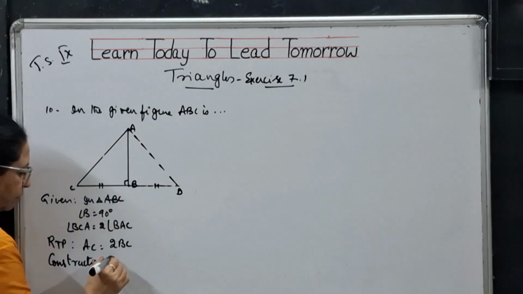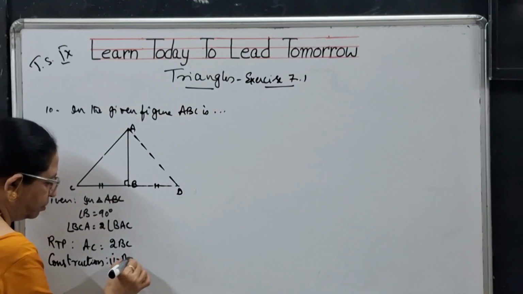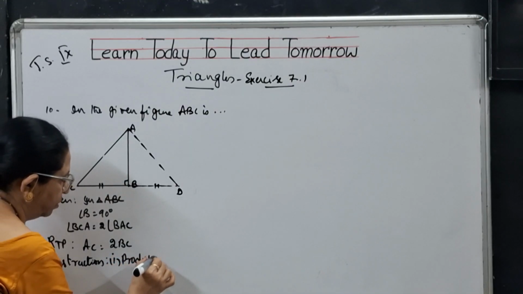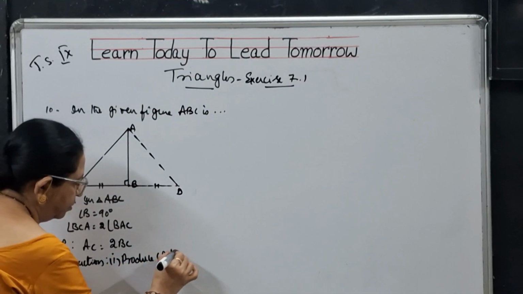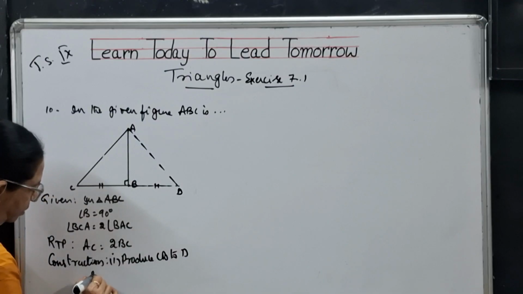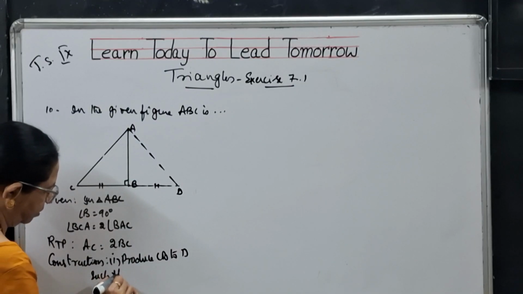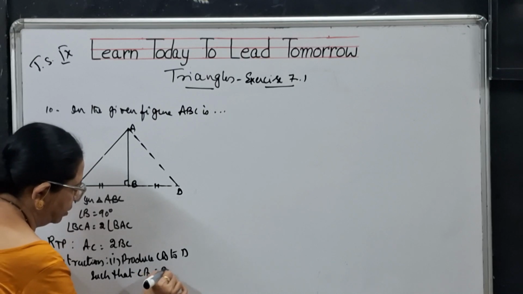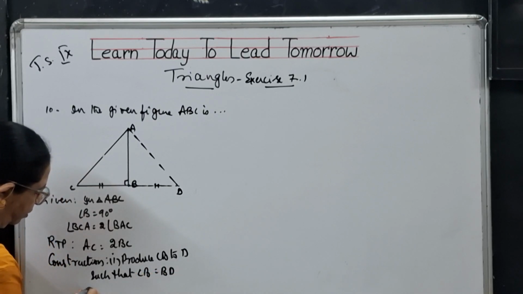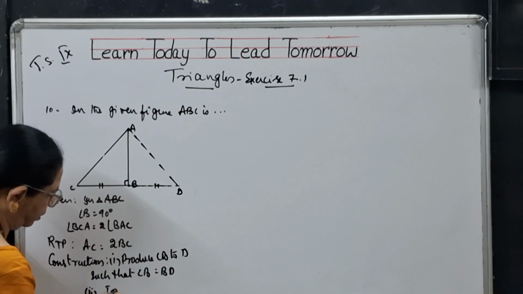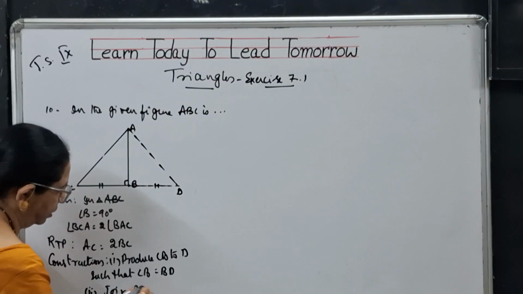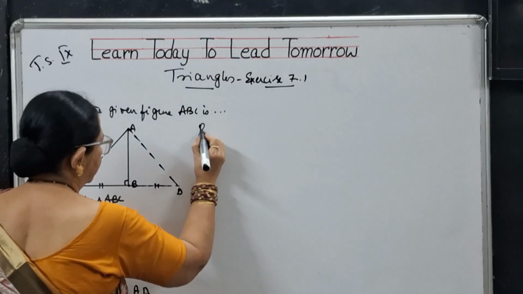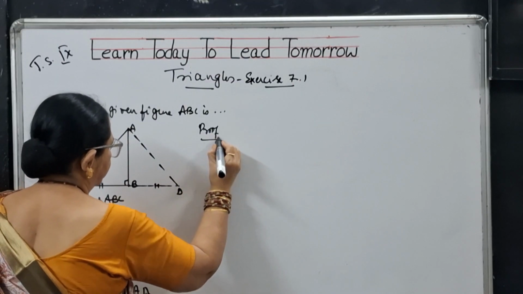So first one is produce CB to D such that CB is equal to BD. And second one, join AD. Now go for the proof.